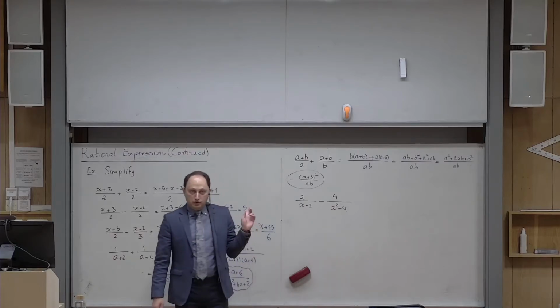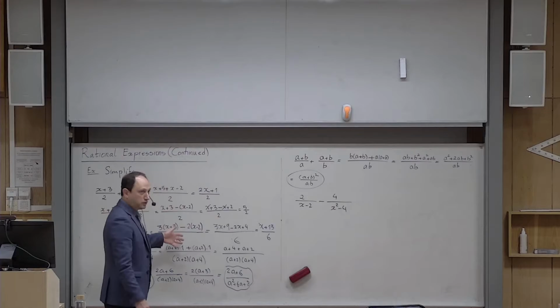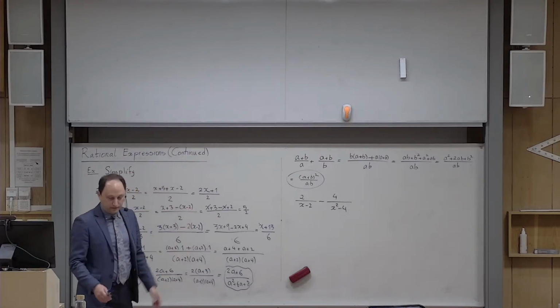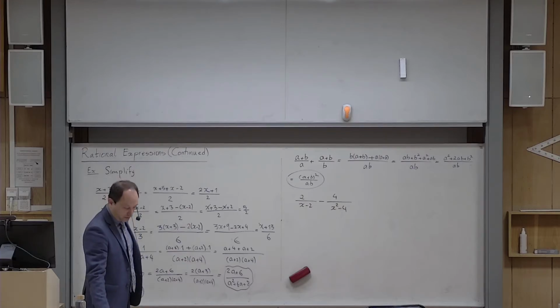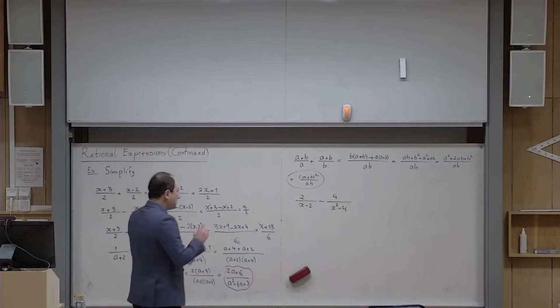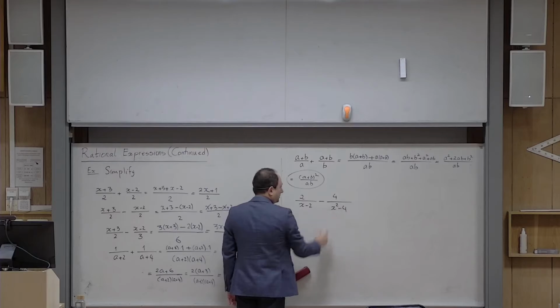So if you want to start right away and use this trick, it will work, but it will be harder. I will do that later at the end to see what the differences are. What I do here, because this seems familiar to my eyes, the first thing that I do, I factorize the denominators.